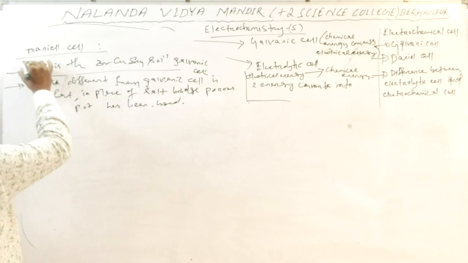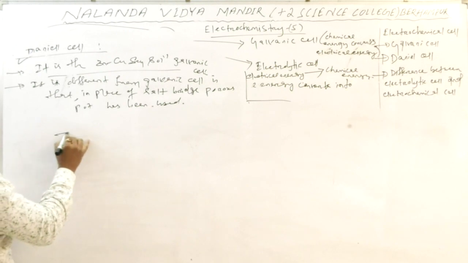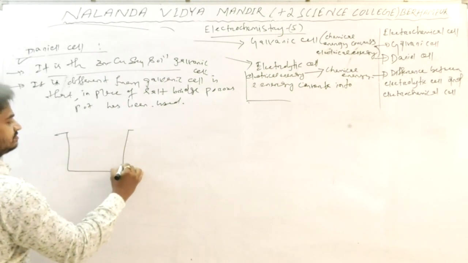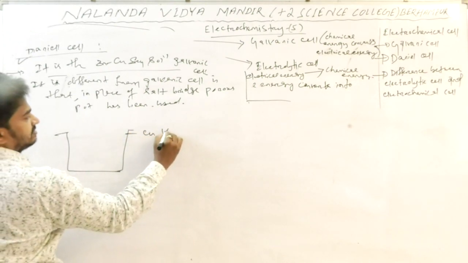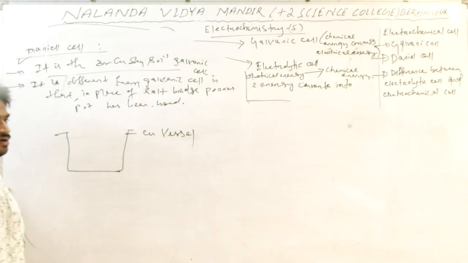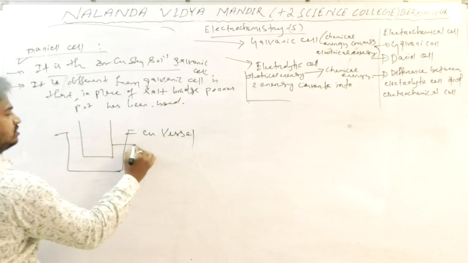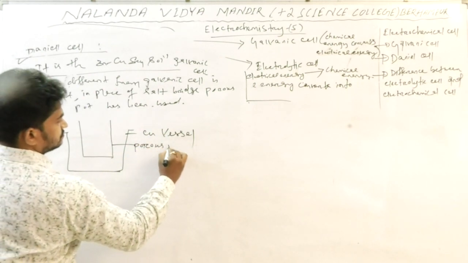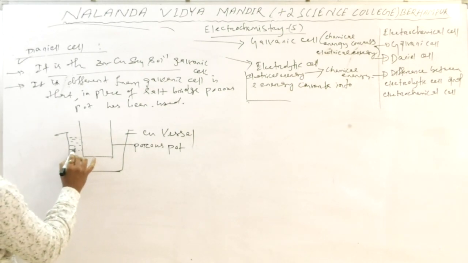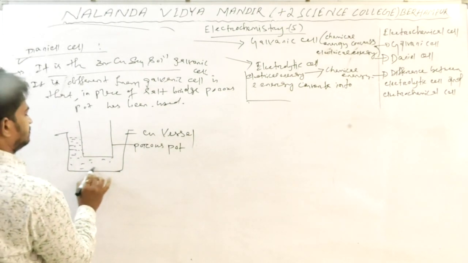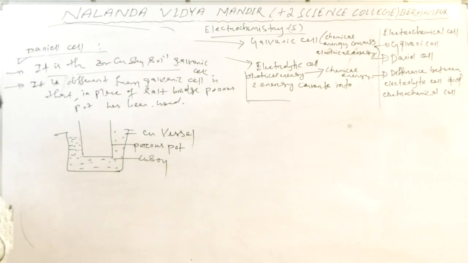So the structural modification of the Daniell cell is this: this is the container, a copper vessel, and here there is a porous medium, the porous pot. Inside the copper vessel, copper sulfate solution is there.